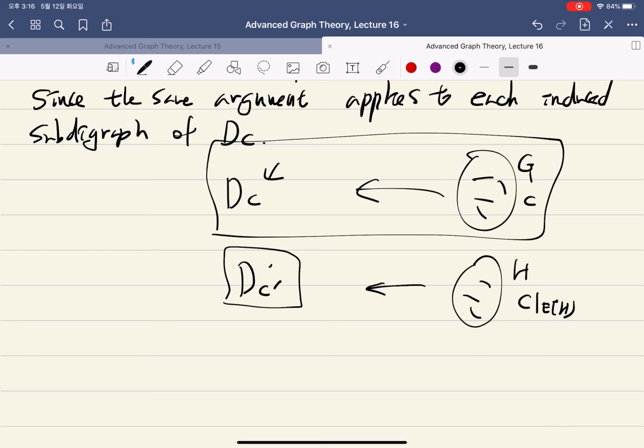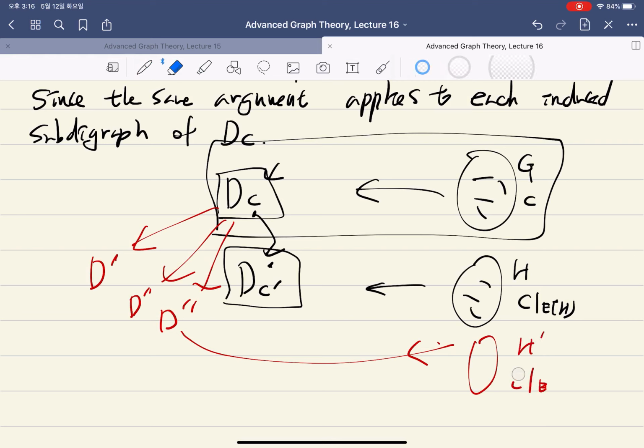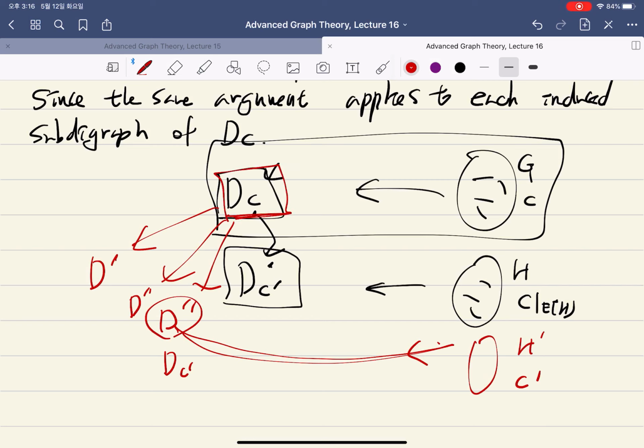But in that case, this is actually an induced subgraph of this larger one. Not only that, every induced subgraph of this always comes from some H prime and some H coloring. I mean, you take DC prime, then you get this. So every induced subgraph of this also comes from the same procedure.